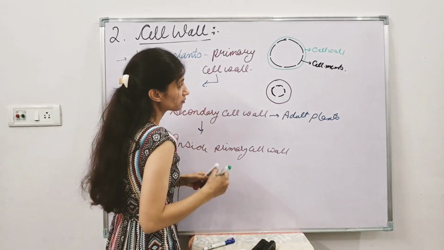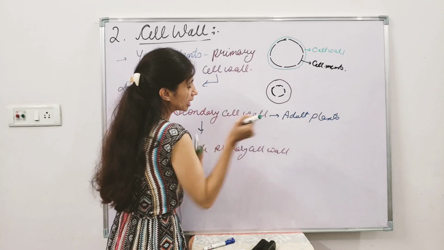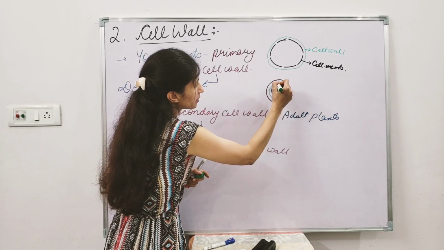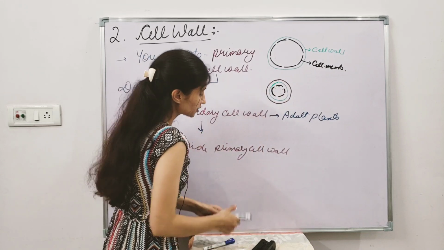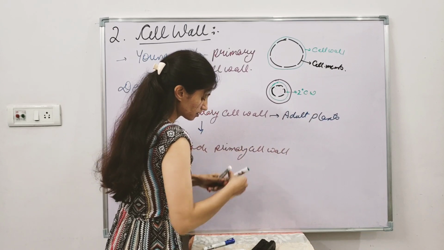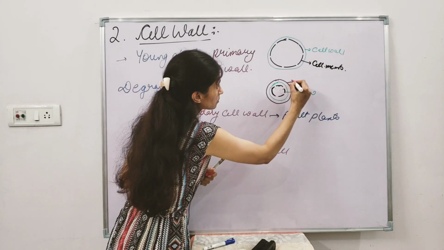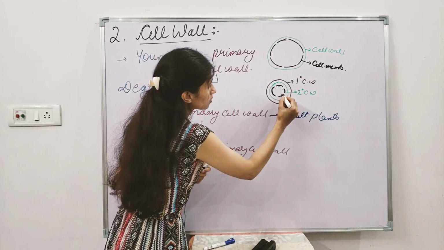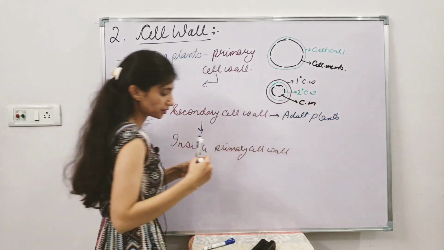How will they get it? The primary cell wall will start degrading and there will be a formation of secondary cell wall that will take place like this. This is your secondary cell wall, this is your primary cell wall, and this one is your cell membrane, which is the inner part of the cell.